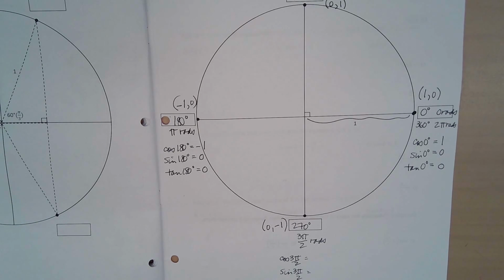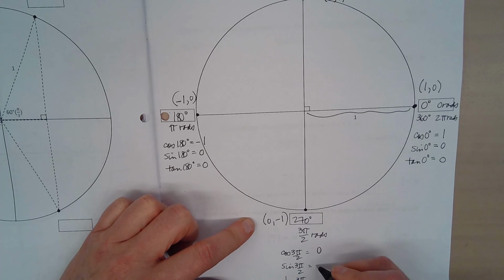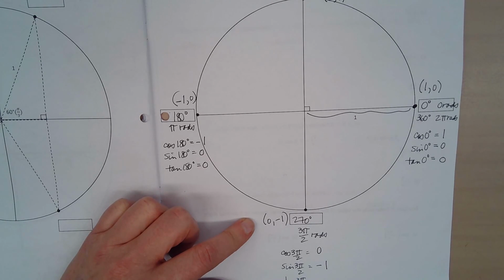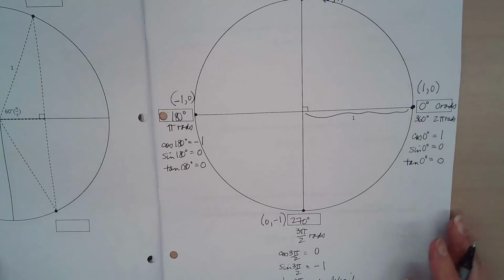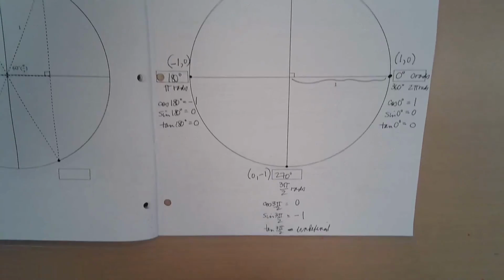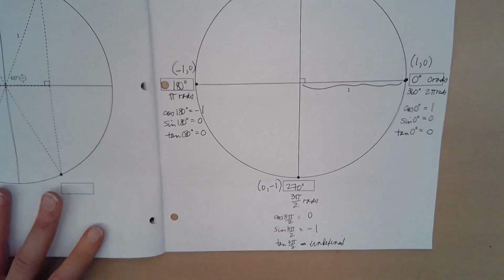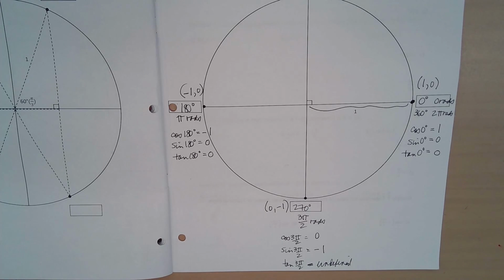So I have cos is 0, sine is -1, tan is undefined. Those are easy, right? You would have got these without me, because all you have to do is figure out what the coordinates are. The x coordinate is cos, the y coordinate is sine.